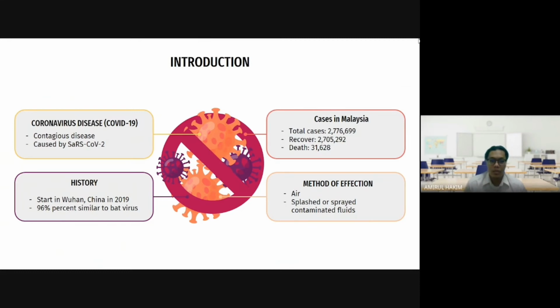One of them, Shi Zhengli, said that 96.2% genomic similarity of RaTG13 might make it the closest virus to the SARS-CoV-2. However, the 3.8% difference in the genome sequence is a significant difference for coronavirus. Now, I pass this presentation to my next presenter.